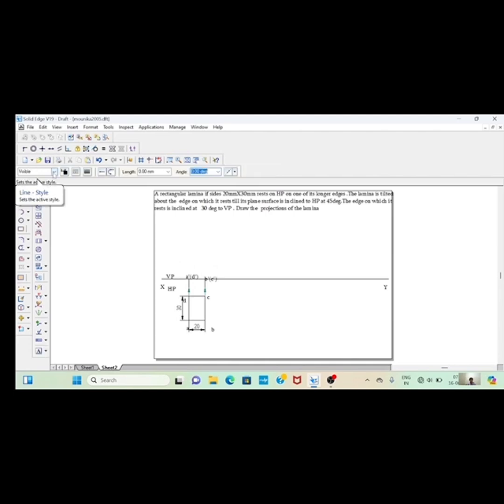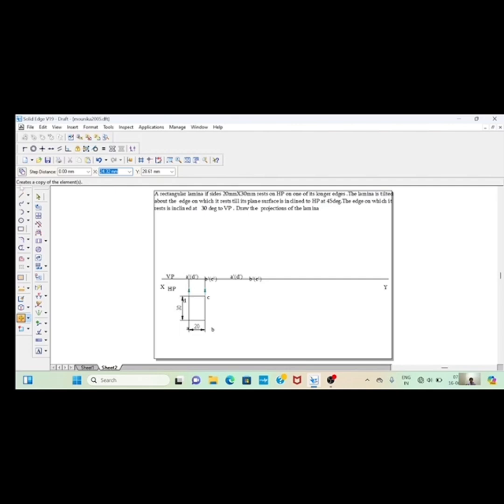Now take a visible line, take a move option, and select the line which should be moved, and select the endpoint, and move to the XY line.